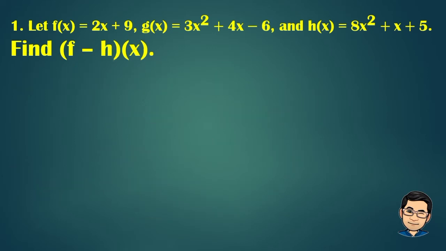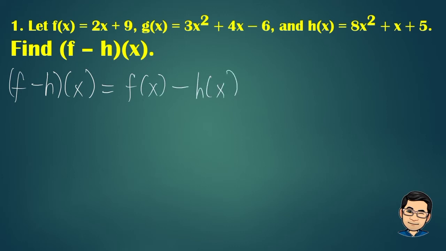Next, f minus h naman. F minus h of x is equal to f of x minus h of x. Okay? So, again, the value of f of x is 2x plus 9.